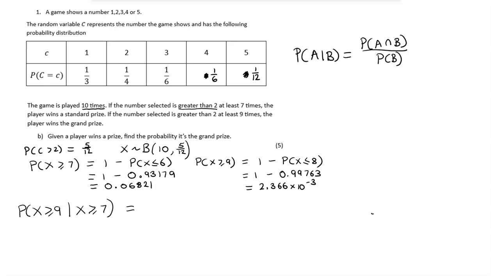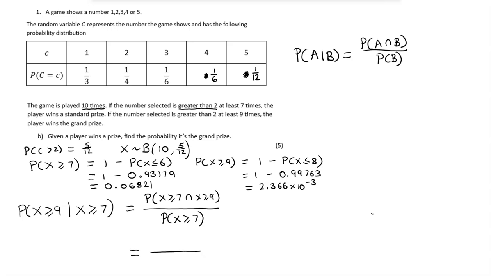We're going to work out the probability that x is greater than or equal to 7 and x is greater than or equal to 9, which you might think, hang on a second, isn't that just x is greater than or equal to 9? It is. We'll talk about that in a second. Over the probability of x being greater than or equal to 7.